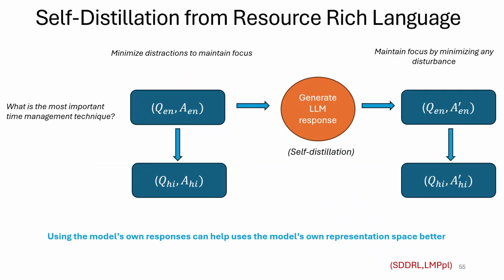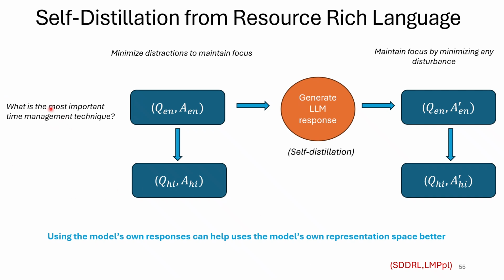Okay, another thing that we could do, and this is not necessarily relevant to the multilingual context, but even in the English context, is to use self-distillation from the language model itself. So instead of using the responses in the dataset that we have, which was human curated or maybe synthetically generated from some other LM, take the question and then ask the language model itself to generate the response. And typically, it's been shown that the model is better at learning from its own self-generated responses.